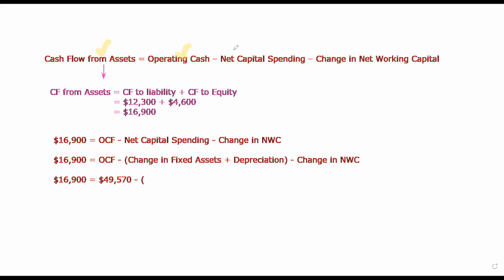Now I want to calculate net capital spending. How much are the new assets being bought in? We look back at the question: 19,475 here, right? How much is the depreciation? 10,900. So I add these two together.